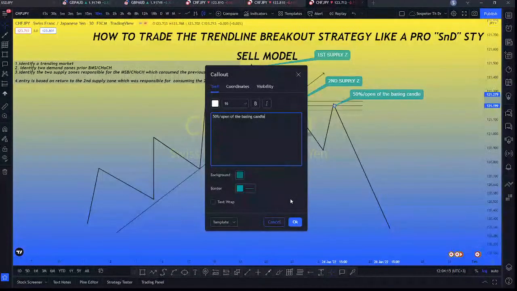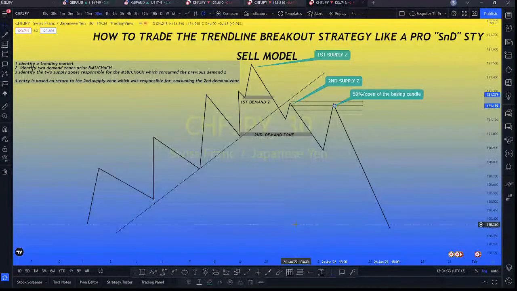So chances of being left behind by this setup are very high, so you have to be keen. It usually reaches the 50% or the open of the candle, the buy candle. The base candle there is a buy candle because you are selling. So you have to be very keen on the entry.